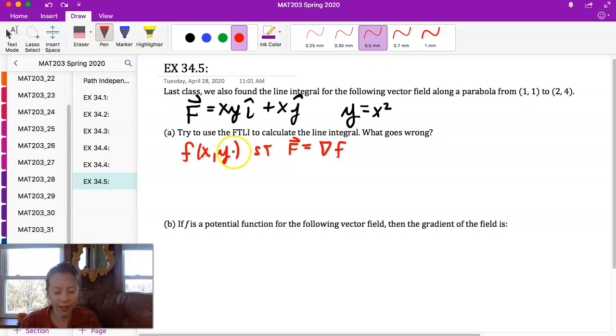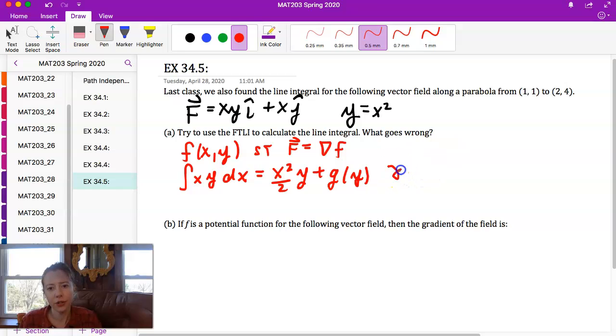So let's say that f sub 1 then is xy. So the integral of xy dx is going to be x squared over 2 y plus g of y.